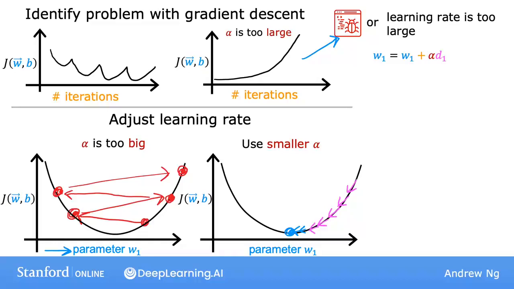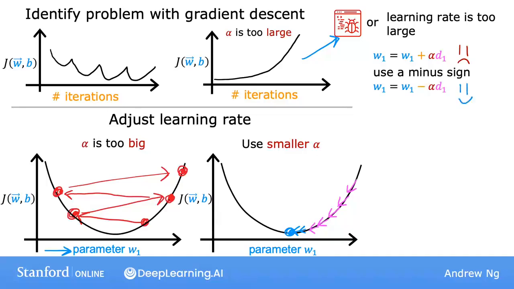And this is because adding the derivative term moves your cost J further from the global minimum instead of closer. So remember, you want to use a minus sign, so the code should be w1 updated by w1 minus alpha times the derivative term.